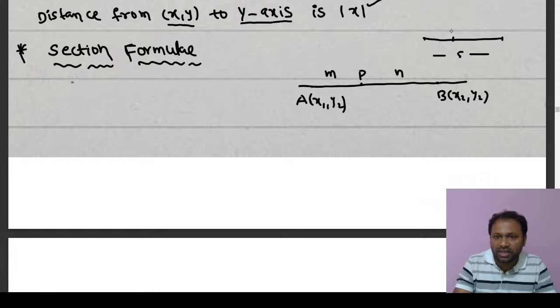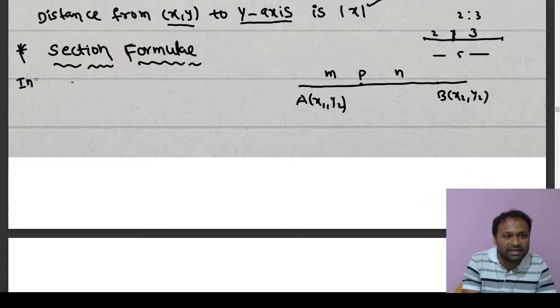From here to here 2 meters are there, then from here to here will be 3 meters. That means this point divides in the ratio 2 is to 3. So like that one point is there, dividing in the ratio m is to n internally. Internally, this is the main condition.